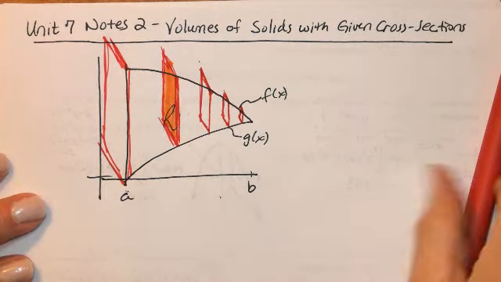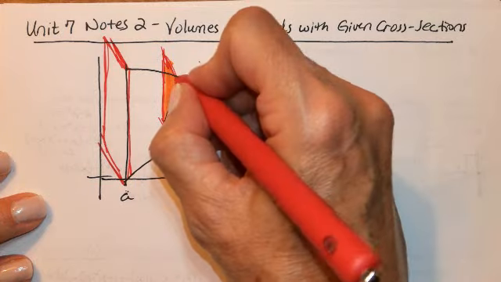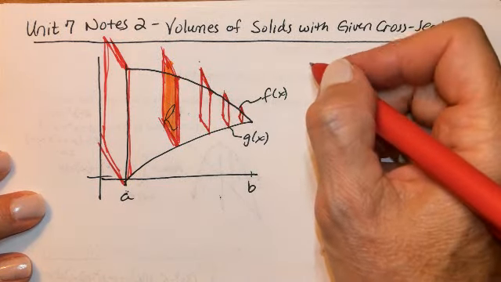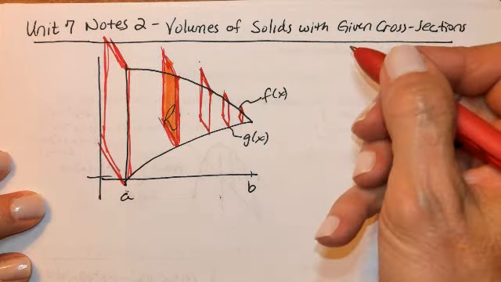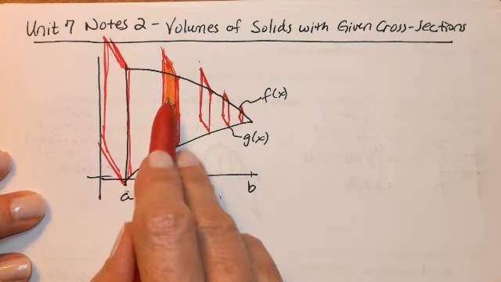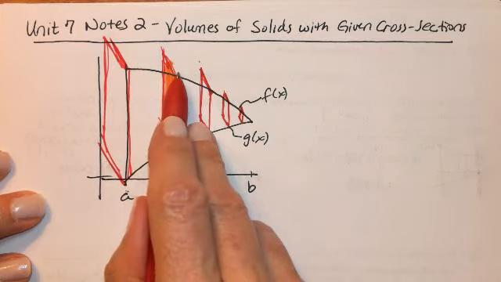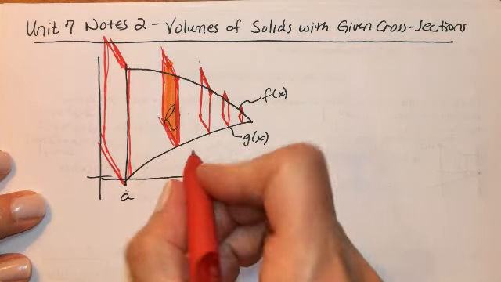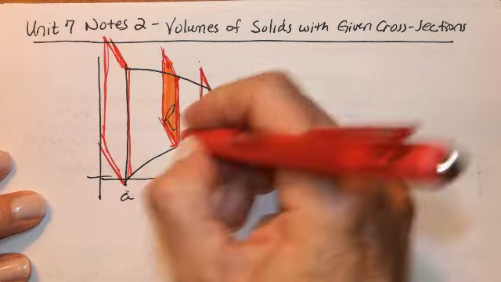So we can find the area of that. Now since we want volume, I need to give this slice through my solid a little bit of a width.